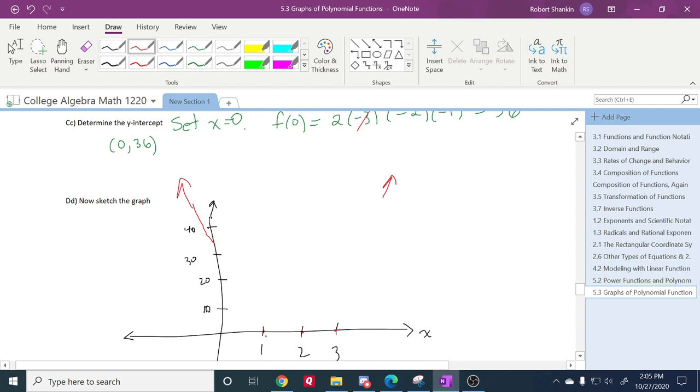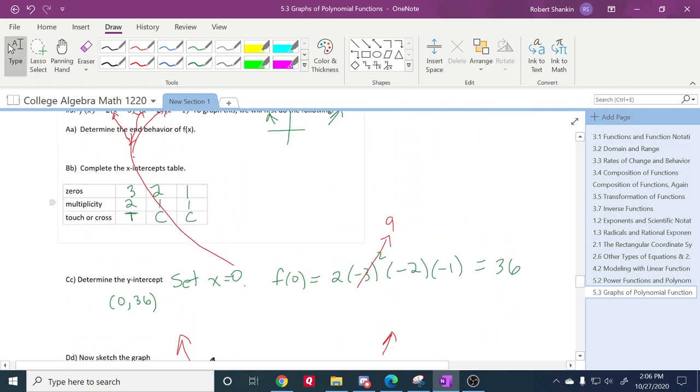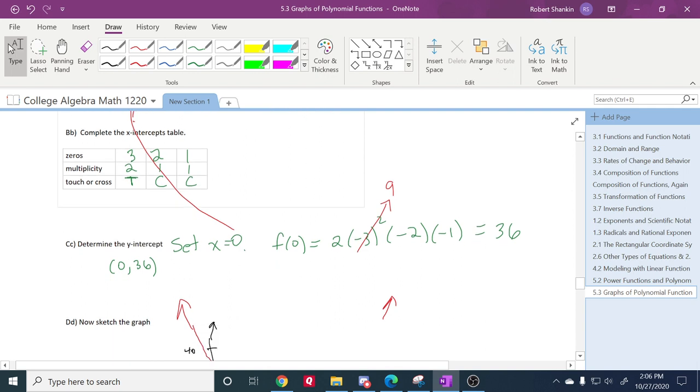Now, when I come down to hitting 1, I'm either going to just nick it, which would be touching it, or I'm going to cross over it. Which one? I'm going to go to blue, and I'm going to put a little T or C next to each one of those. 1 and 2 are C's.